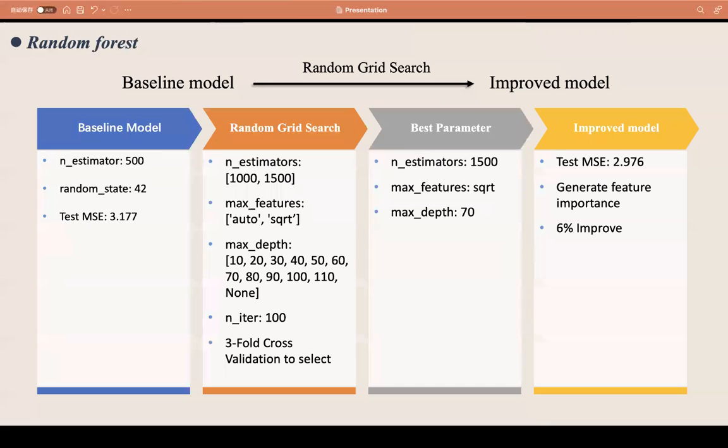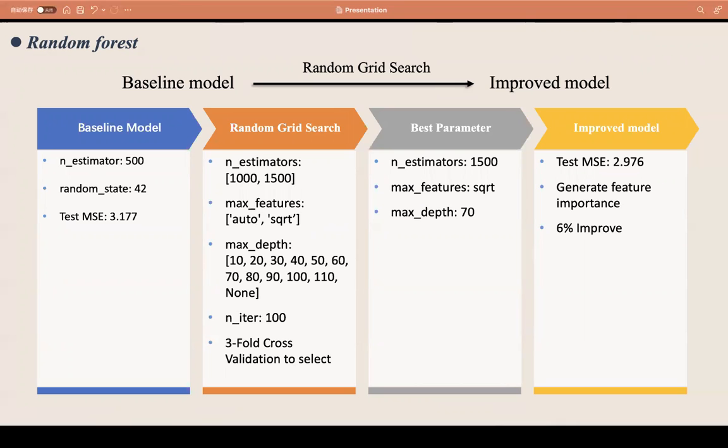Then we create the following grid to randomly choose different combinations and use threefold cross-validation to evaluate. And then we got our best parameters based on the search, and our final test MSE is 2.976, which improved by about 6%.